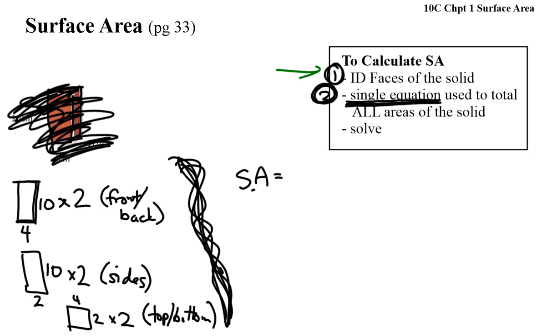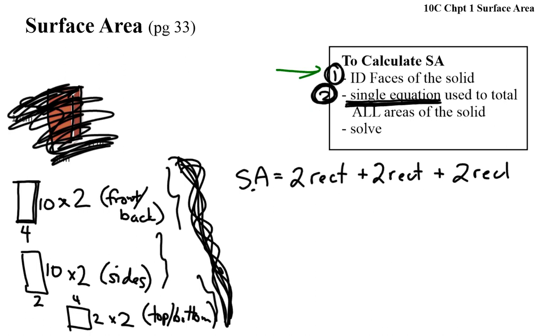So, what makes up the surface area? Before I start jumping in with numbers, I want to just identify what I have. I have two rectangles, and I want to add to that two more rectangles. And I want to add to that two more rectangles.